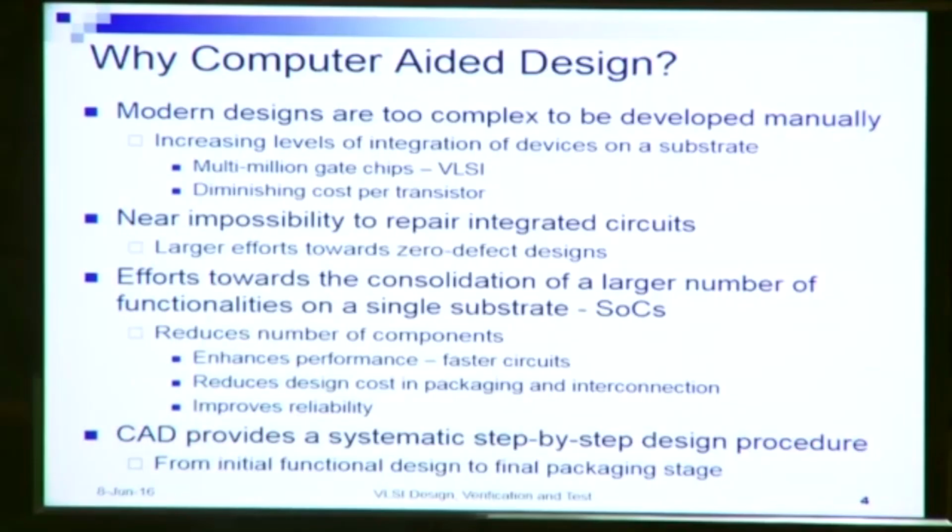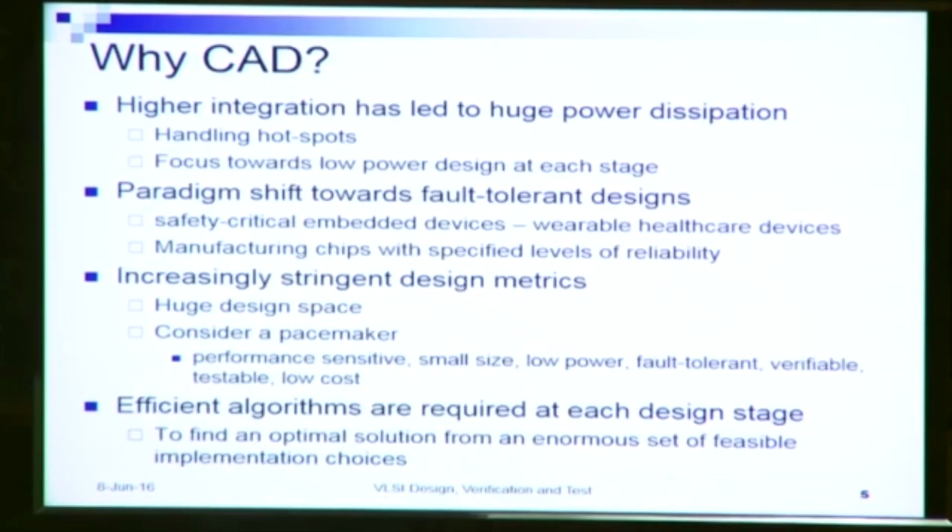Also, CAD provides a systematic step-by-step design procedure, as we said. So it will progressively take the design from one step to the next until the final chip is produced. And hence there is a necessity of CAD here.